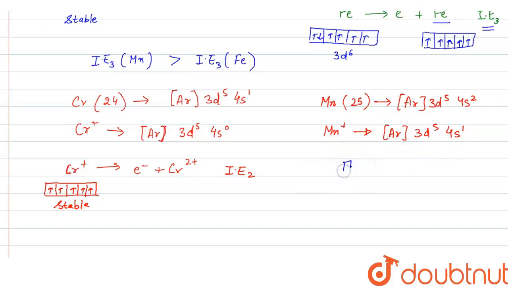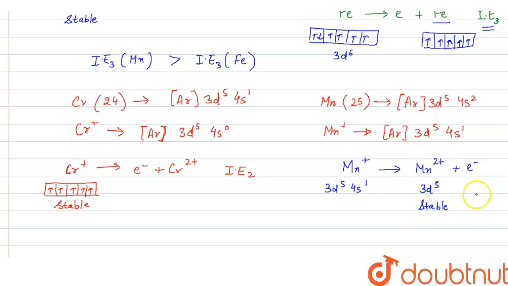When Mn+ loses one electron, it will form Mn2+. Here in Mn+, we have 3d5 and 4s1. When one electron from the 4s orbital is removed, the configuration of Mn2+ becomes 3d5, which is a half-filled configuration and it is stable.